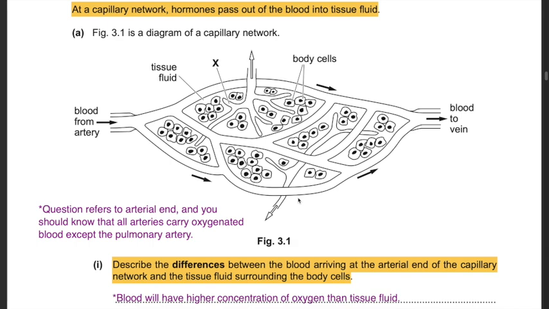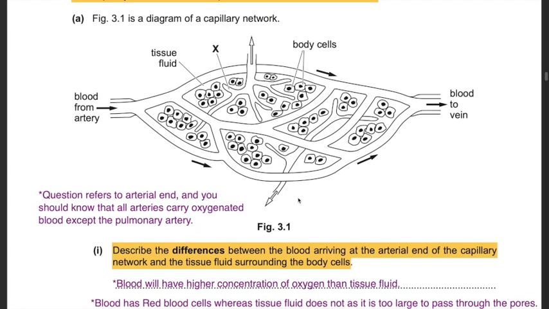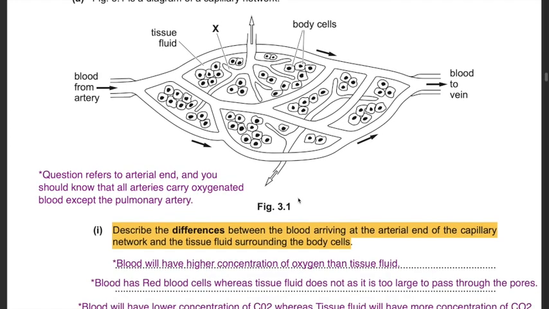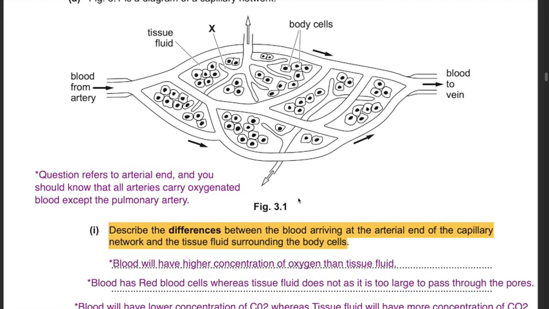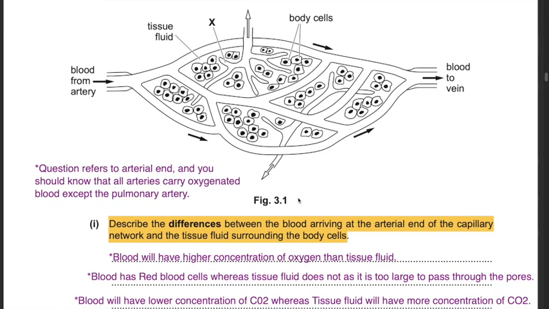The question refers to arterial end, and you should know that all arteries carry oxygenated blood except the pulmonary artery. Therefore, the blood coming from the artery would have oxygenated blood. Keep that in mind. So, they're asking us to describe the differences between the blood arriving at the arterial end, which is oxygenated blood, and the tissue fluid surrounding the body cells, which is shown in this diagram.